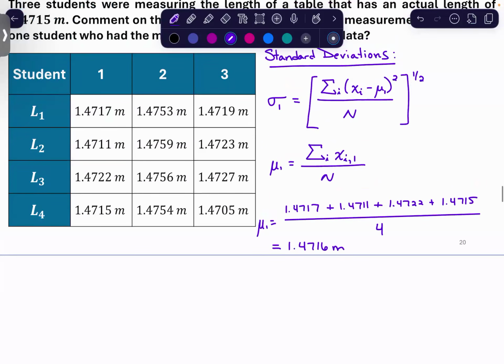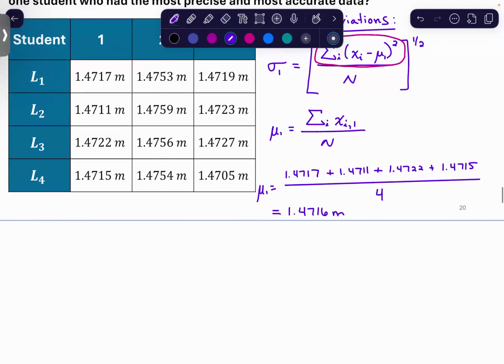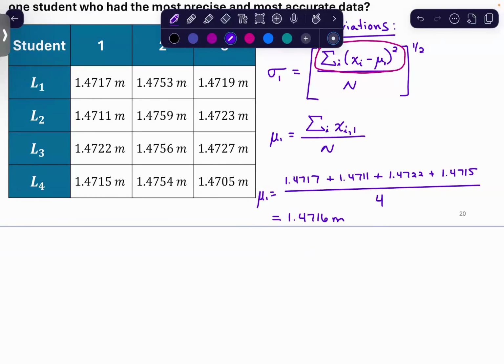Great. Now, let's worry about this numerator of our fraction. Because I know that n is 4, I can just plug that in later. So let's do this sum.